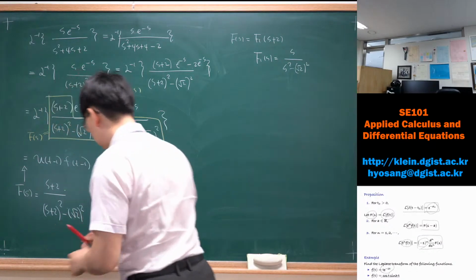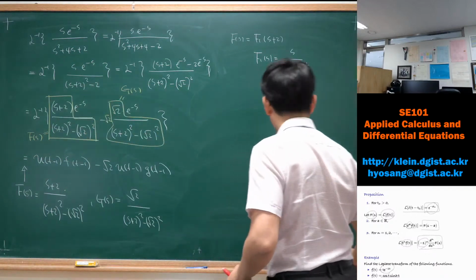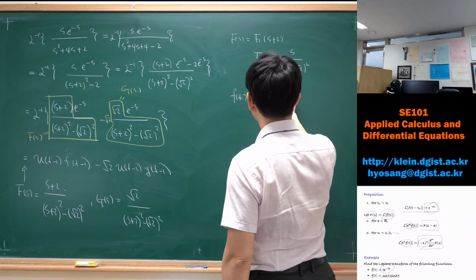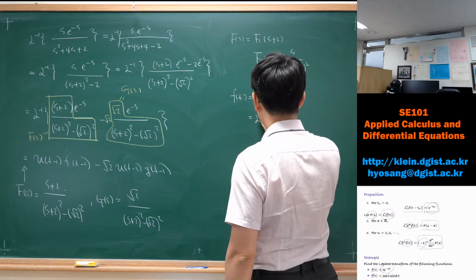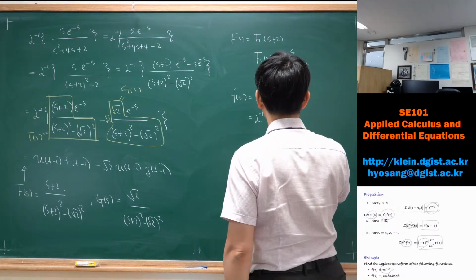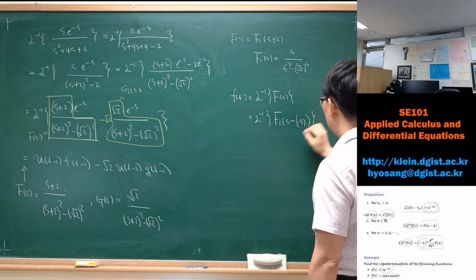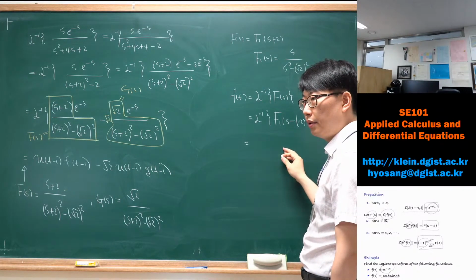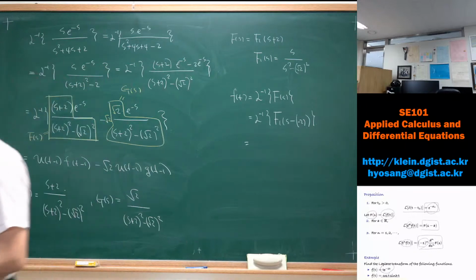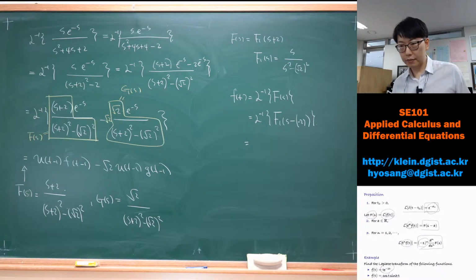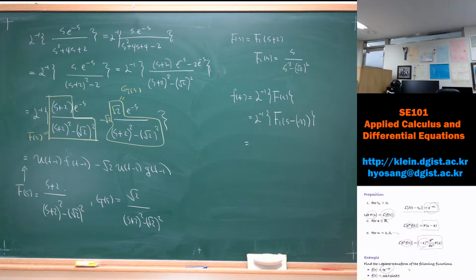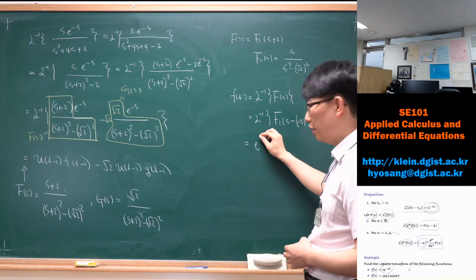What is f of t? f of t is the inverse Laplace transform of F of s minus 2, and that equals what?